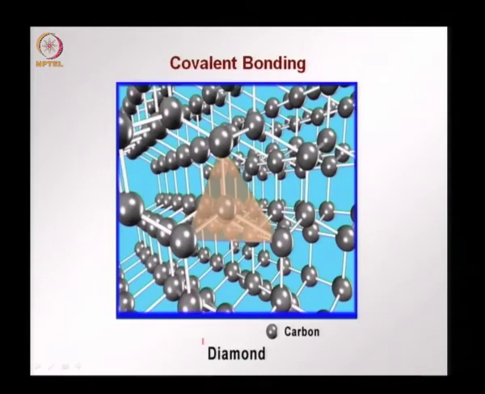We saw that in the case of carbon, because of the valency being 4, we have a 3-dimensional network, which is a rare case for covalently bonded materials. Diamond is an exception, where we have a 3-dimensional network forming between the carbon atoms.